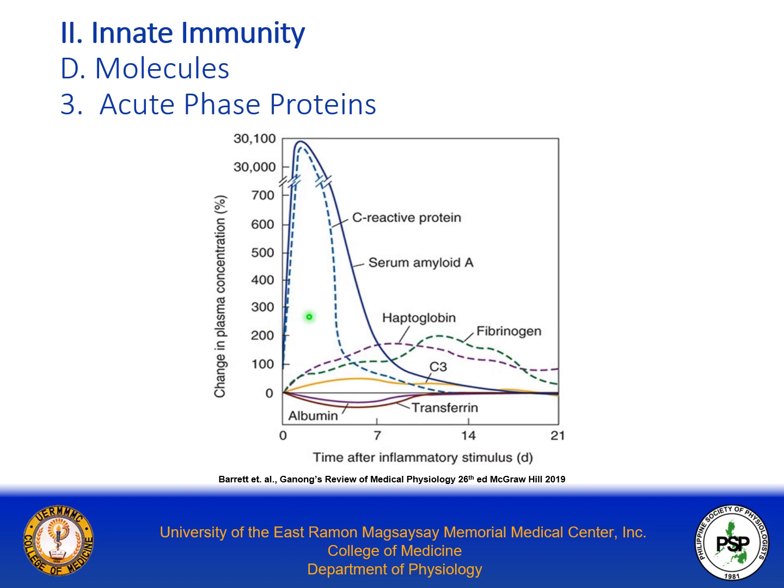Blood levels of C-reactive protein are commonly assessed, as well as ESR, or your erythrocyte sedimentation rate. CRP is considered a non-specific marker of inflammation.